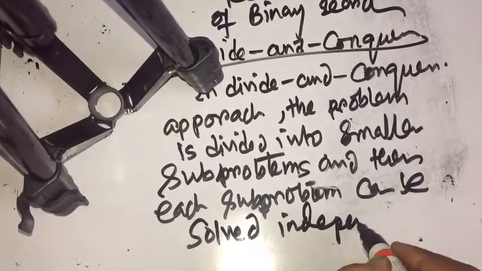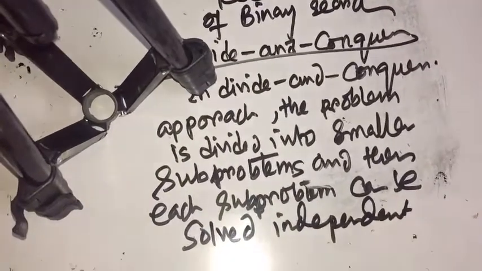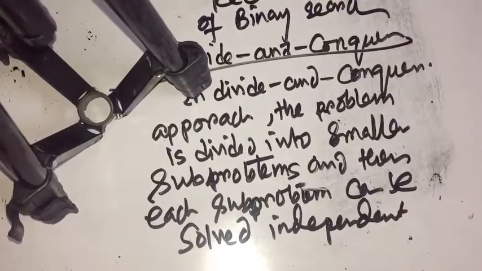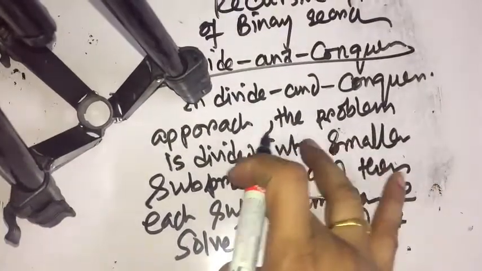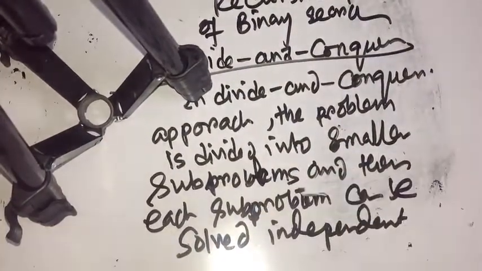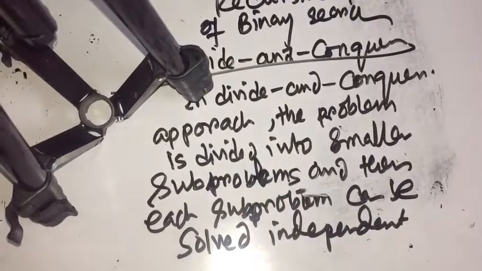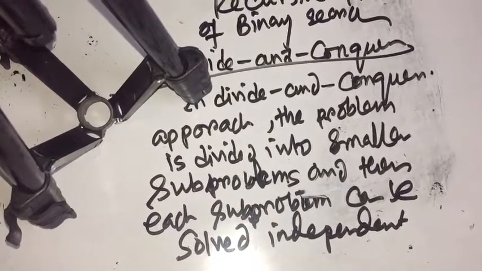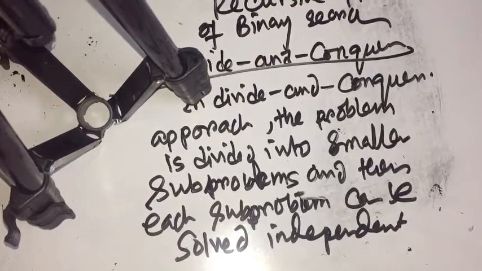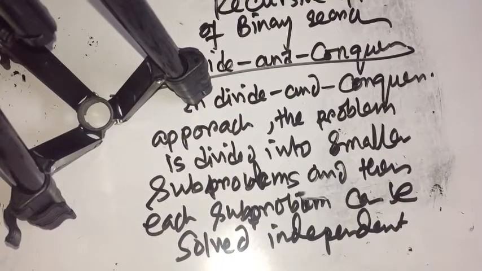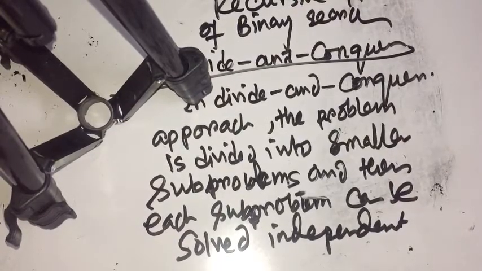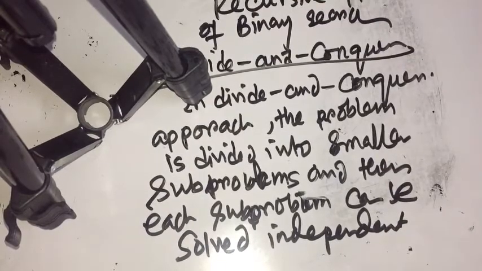So this is the technique of divide and conquer. A large problem is divided into smaller subproblems, and then each subproblem can be solved independently. So this is the recursive procedure through which we can specify the elements, the mid position of the element.